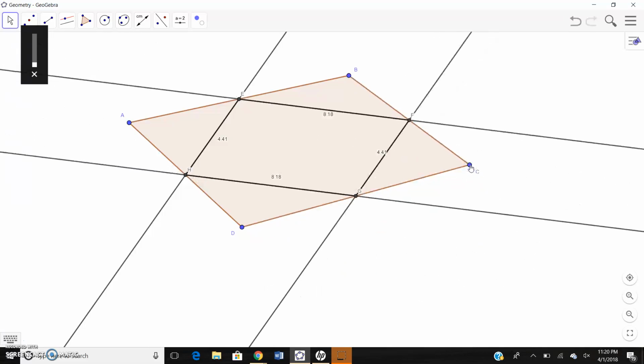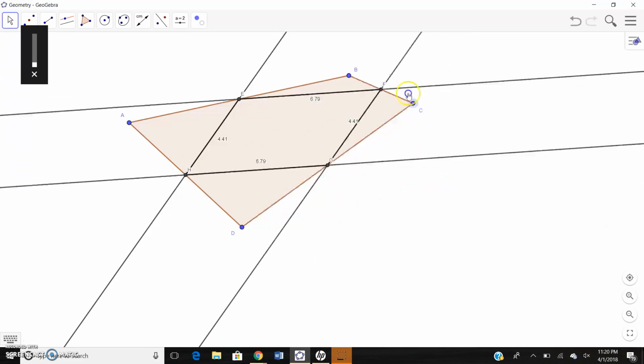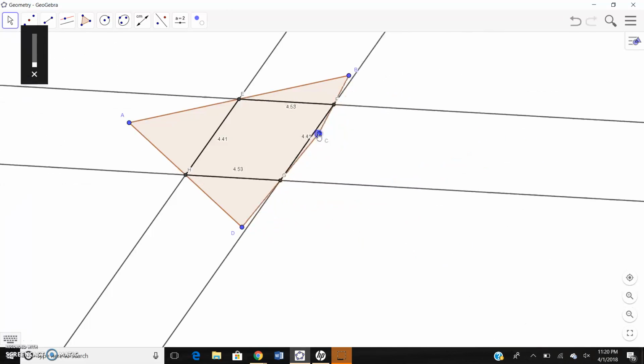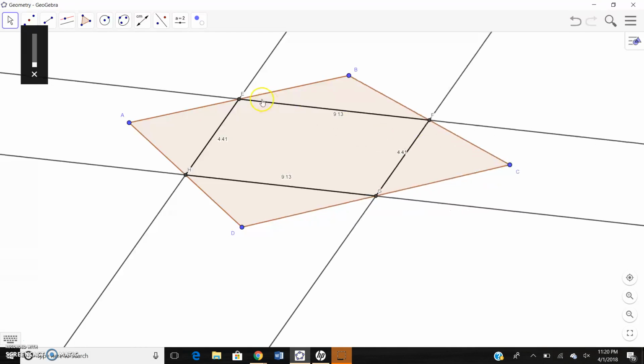So I was able to prove and provide evidence and justification for my third conjecture that EFGH is a parallelogram because I was able to construct those two pairs of parallel sides for the quadrilateral that was formed by the midpoints of quadrilateral ABCD, which was EFGH, the midpoint quadrilateral.